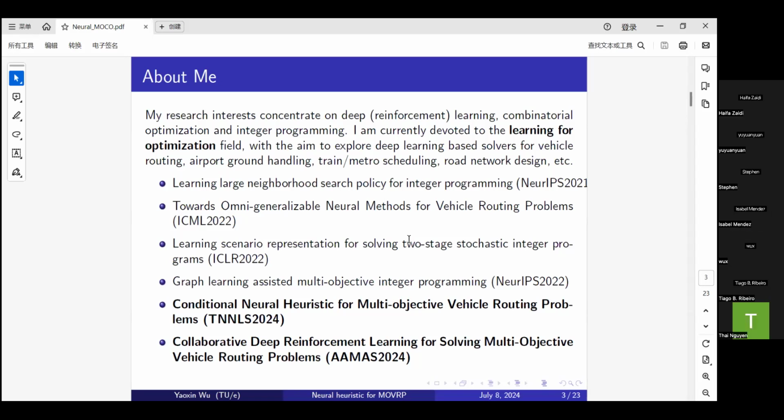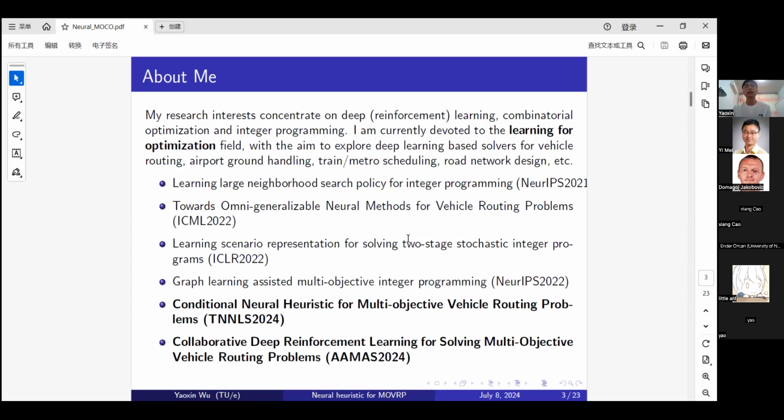I'm also trying to use deep learning techniques to solve integer programming problems and to enhance the solving performance of exact solvers such as Gurobi, CPLEX, and SCIP. In this talk, I will integrate two of my works. The first one is published in the TNNLS journal, and another one is published in AAMAS.